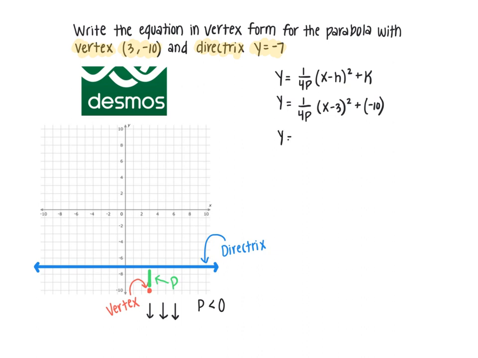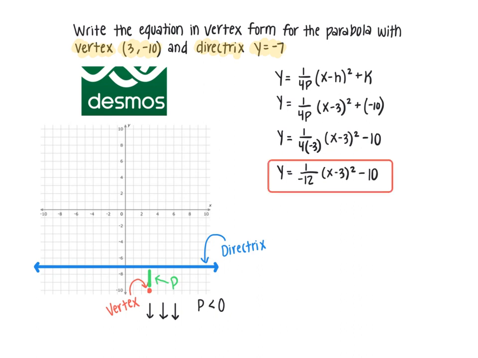I have y equals 1 over 4 times negative 3, times (x minus 3) squared, minus 10, of course. And then if we clean this up, I have y equals 1 over negative 12 times (x minus 3) squared minus 10. So again, I highly encourage you to use Desmos when you're solving these problems.